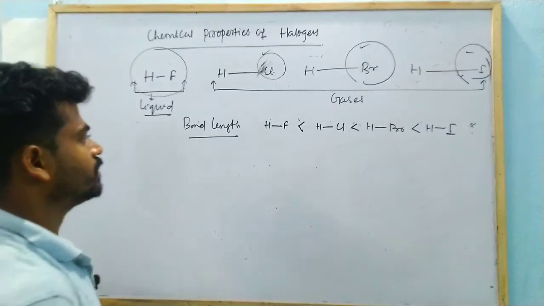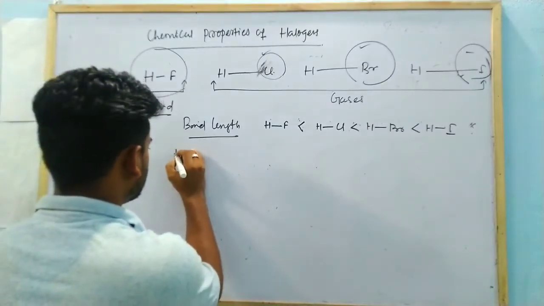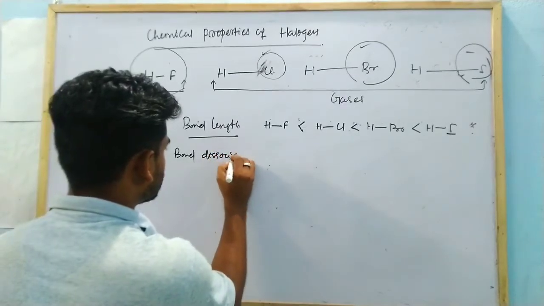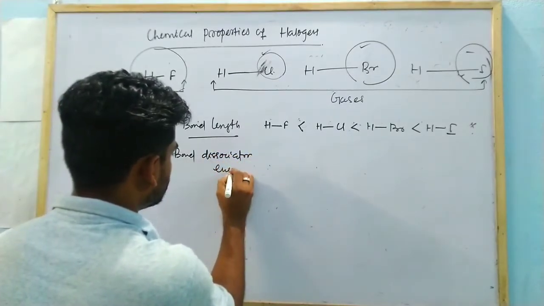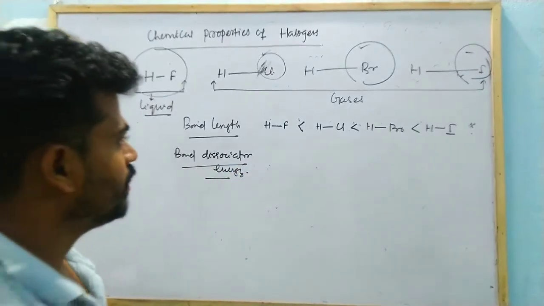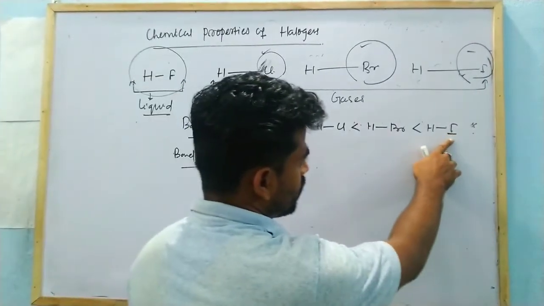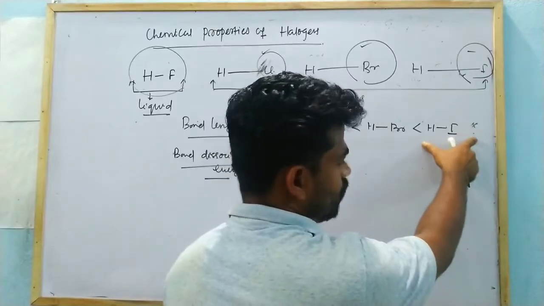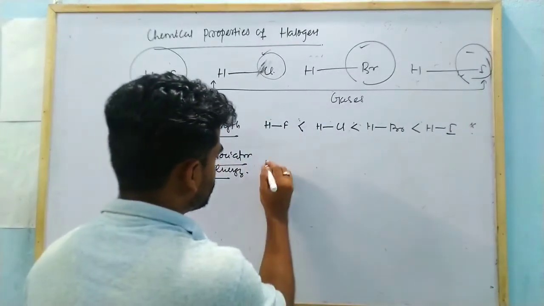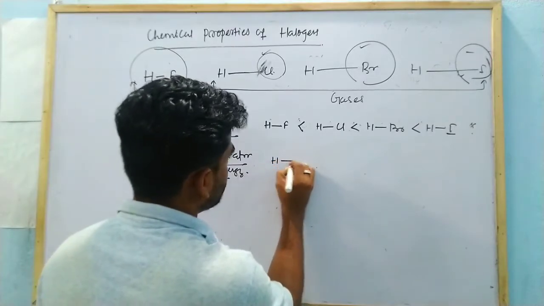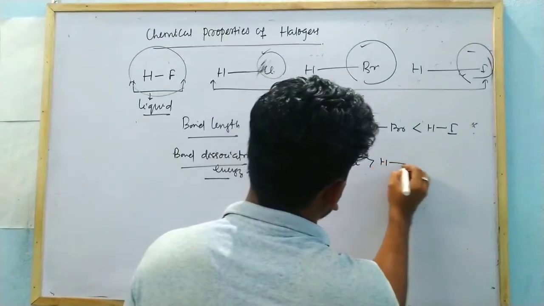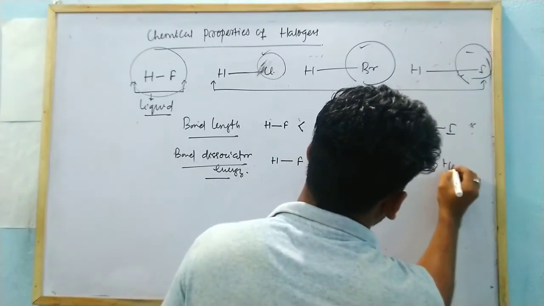Next you tell me the bond dissociation energy of halo acids. Here due to the high atomic size of iodine, the bond length of hydrogen iodide will be more, so bond strength becomes less. So the order is reversed in this case. Bond dissociation energy: HF is more, HCl more, HBr more than that of HI.